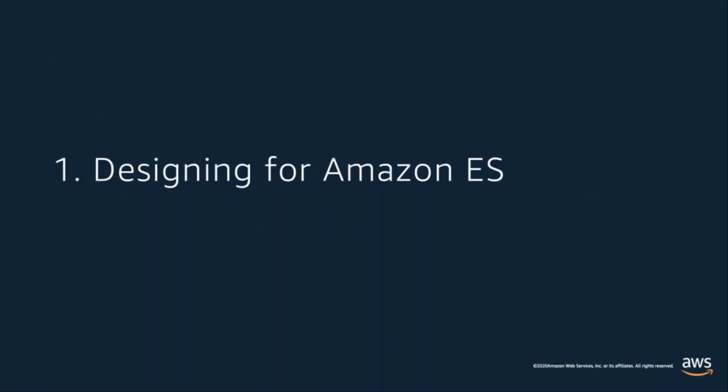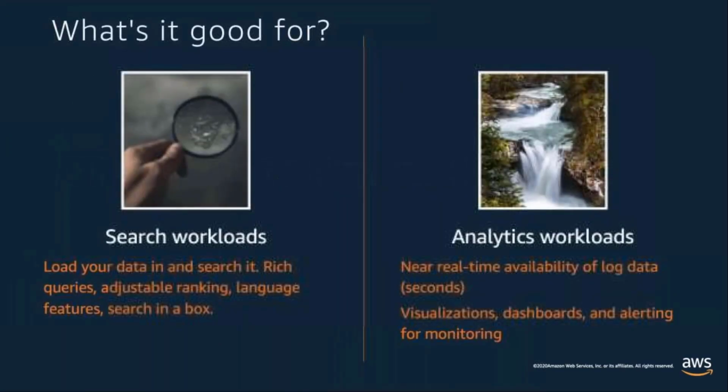So digging into our topic areas, the first topic that I wanted to address was designing it and what's it good for. As we already covered, there are two primary workloads for Elasticsearch. First of those is a search workload. And at a high level, what you're doing is you're loading in your data and you're searching it.